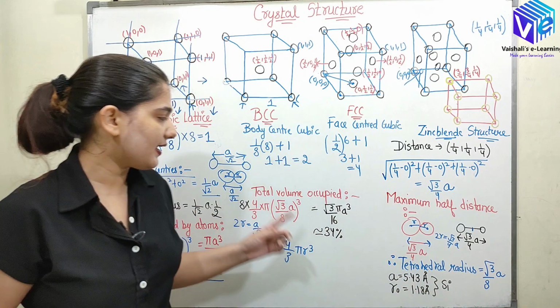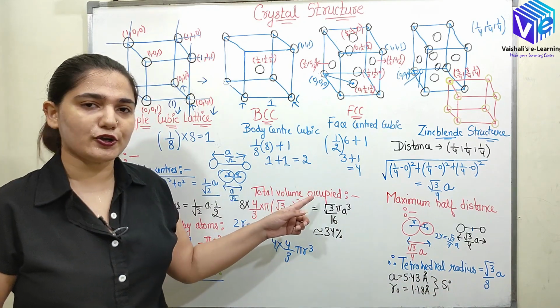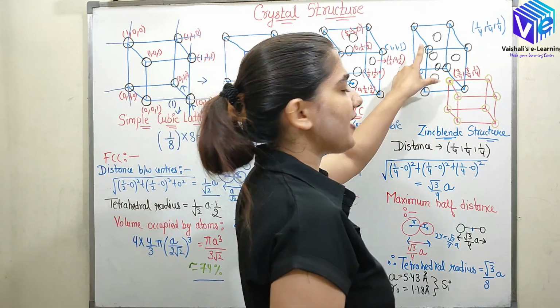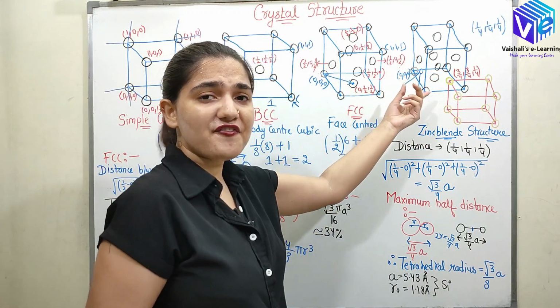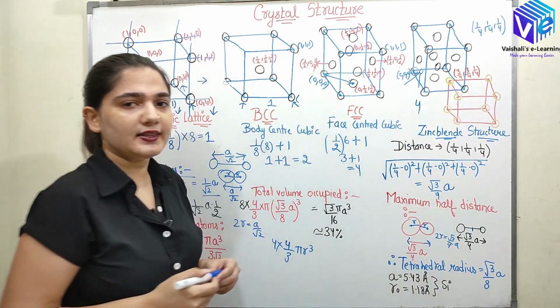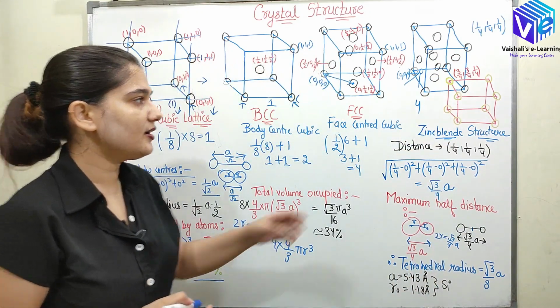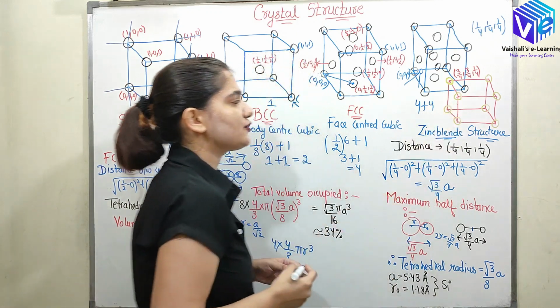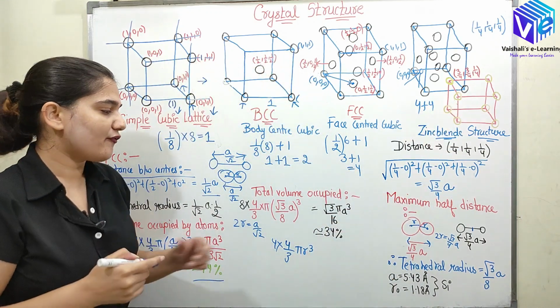So this is how I can find out the total volume occupied also. Again here I can see the total number of effective atoms. 4 were there in the FCC structure. Now here I have 4 more atoms which are coming inside by the penetration. So here I will be having 4 plus 4, which is 8 total atoms.